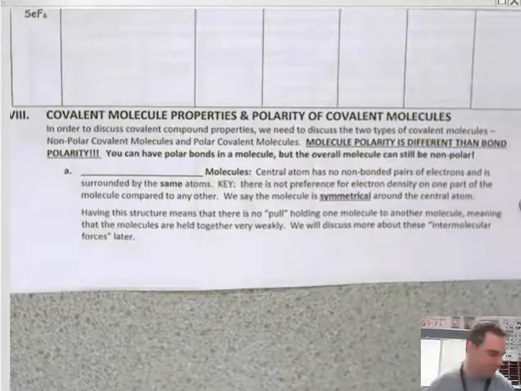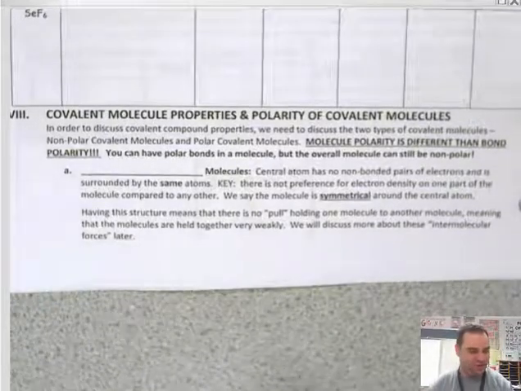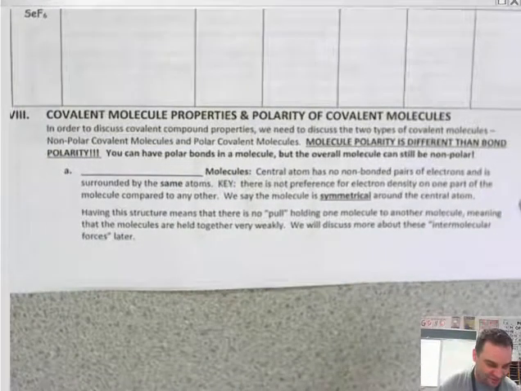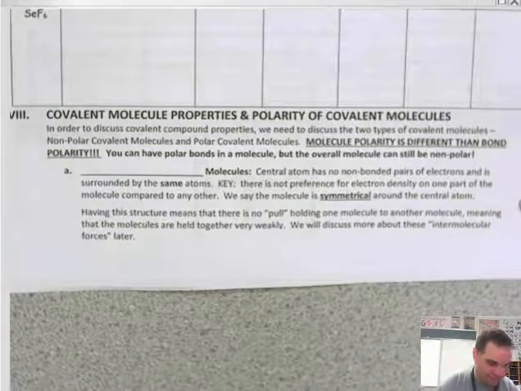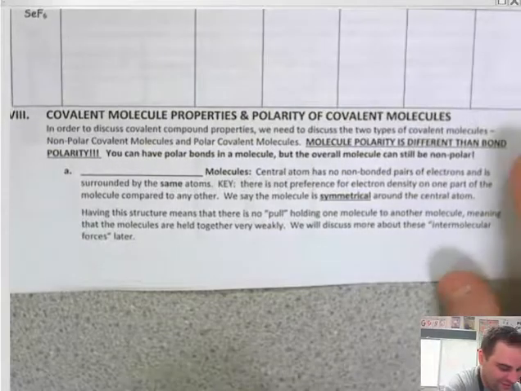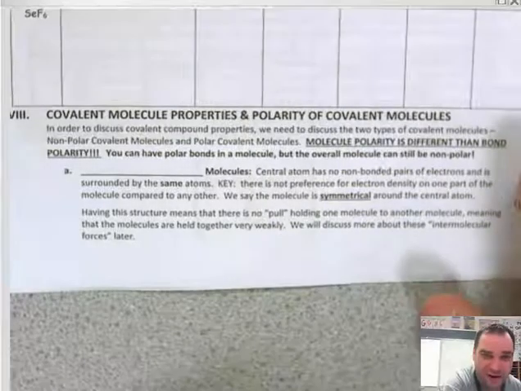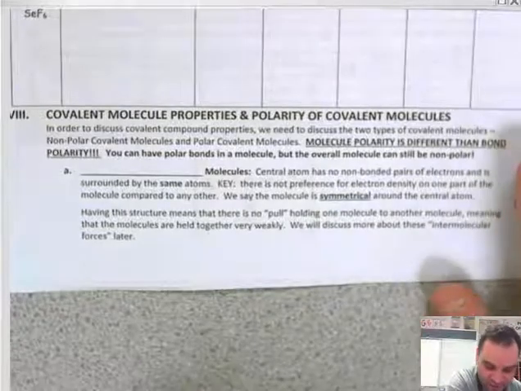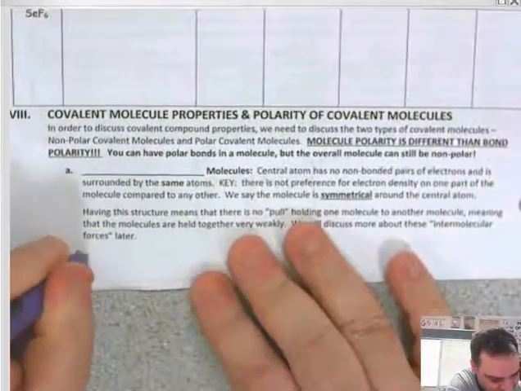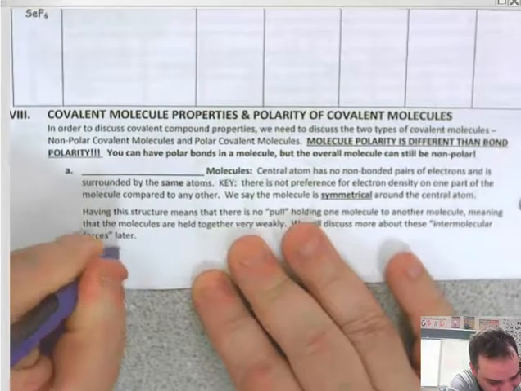Yes, we are here and home and doing fun stuff like covalent molecules, properties, and polarity of covalent molecules. So this brings up my favorite conversation of all, where I get to discuss polar and nonpolar with you. We have done polarity of bonds.